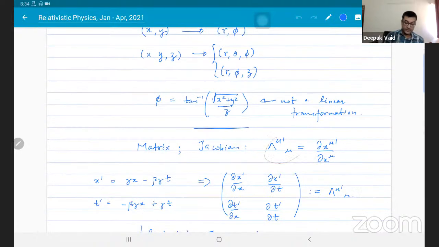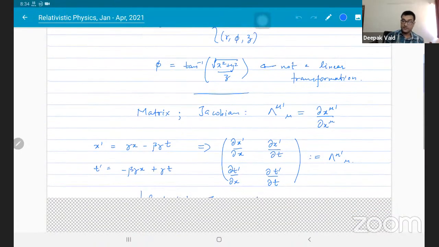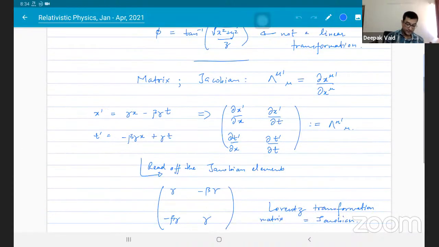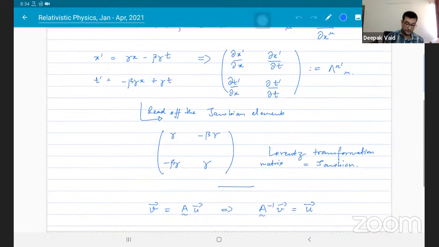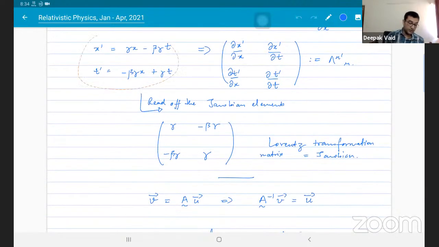So the Jacobian elements are simply the partial derivatives, like this: dx prime/dx, dx prime/dt, and so on. If you just look at the Lorentz transformation, you can read off these Jacobian elements just by taking the partial derivatives. And you get this expression, which we have already seen.